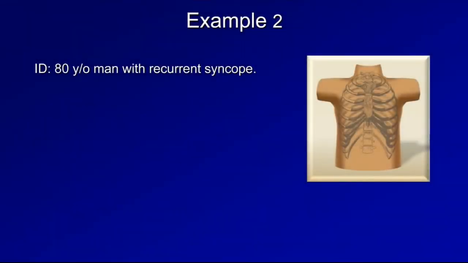Example number 2. An 80-year-old man presents with recurrent syncope. This murmur is best heard with a diaphragm at the second right intercostal space. Let's go through the same set of questions as the last case.